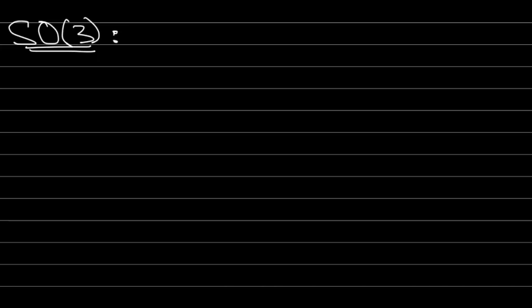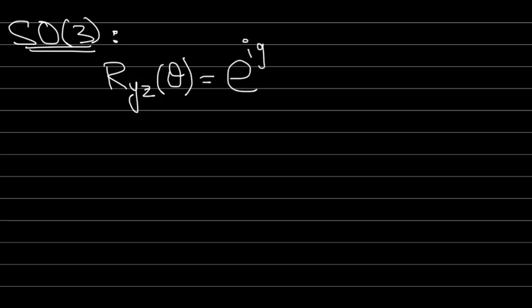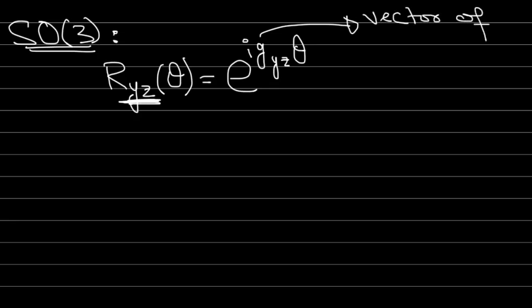So in SO3 we can write a rotation about YZ with some angle theta as the exponential of iota g, where this g will have subscript yz, because we are doing the rotation in the yz plane, times theta, where this g of yz is actually a vector of matrices, right?